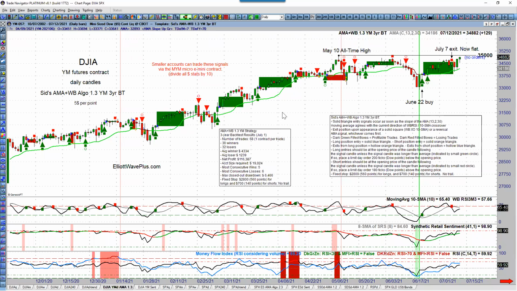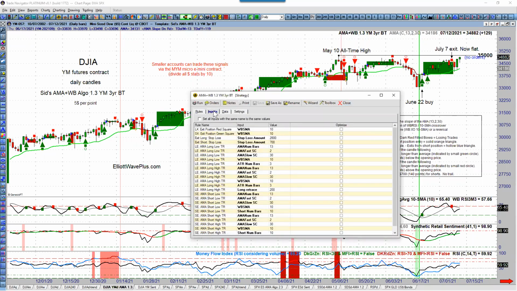Another really interesting thing about this particular backtest is that it does not figure that you're trading more and more contracts as your account size grows. It's just figuring one contract at a time.